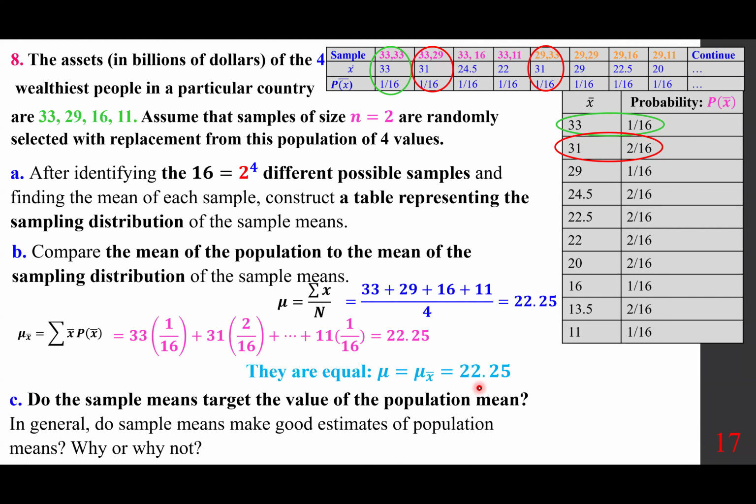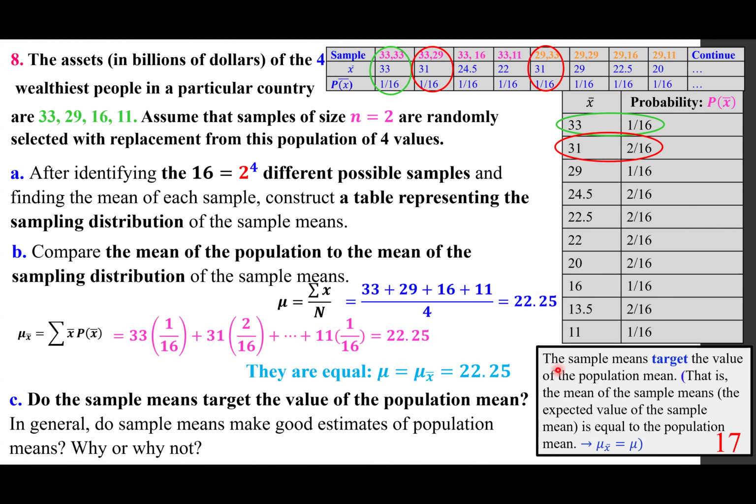Now here's the meaning of it. Do the sample means target the value of a population mean? In general, do sample means make good estimates of population means? Why or why not? Yes, the sample means target the value of the population. That is, the mean of the sample means, the expected value of the sample mean, is equal to the population mean.